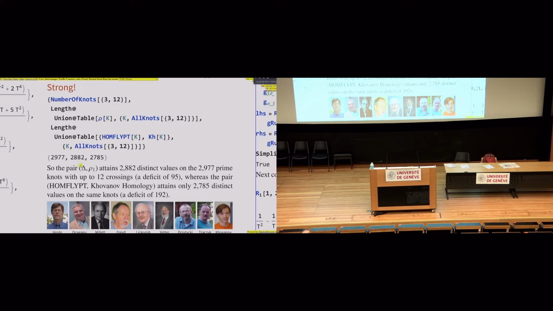Our rho 1, sorry, it's not our invariant, Rozansky and Overbay gets 2,882 values. Khovanov and HOMFLY-PT get 2,785. Rho 1 is stronger. So we beat everybody here, with color pictures, except one.